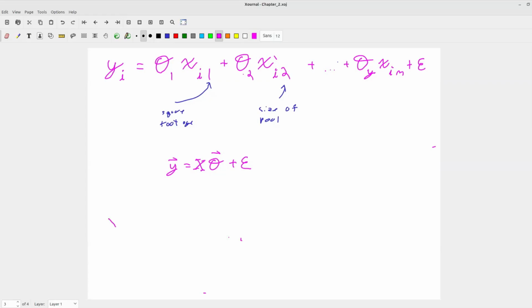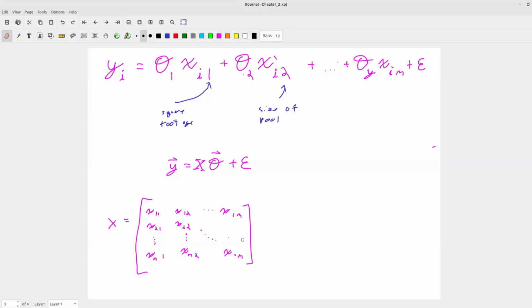X is equal to x11, x12, all the way out to x1m, x21 all the way down to xn1, and so this would be x22 all the way down to xn2, and this comes all the way down to xnm.